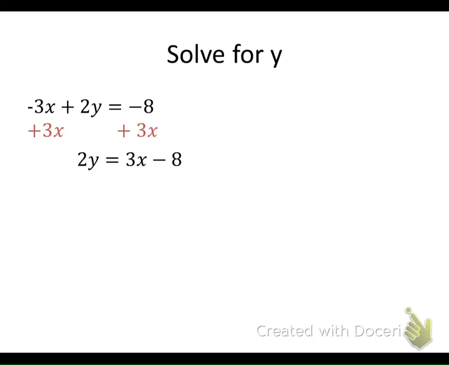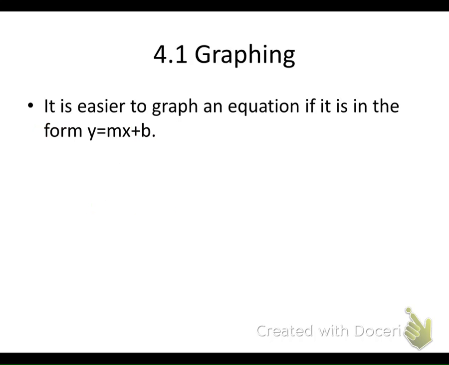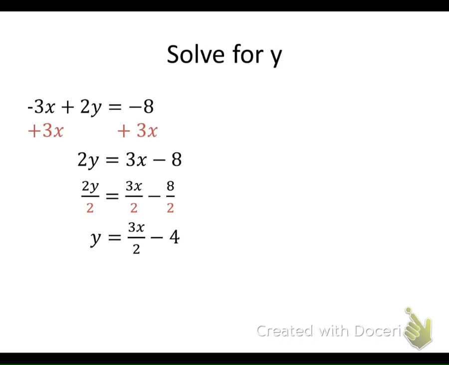So 2y is equal to 3x minus 8, and then all you have to do, divide by 2, y is equal to 3x over 2 minus a 4, all right? And we are done, okay? And that's as easy as that is. So as you're preparing for the test, make sure that you can change everything into this slope-intercept form.